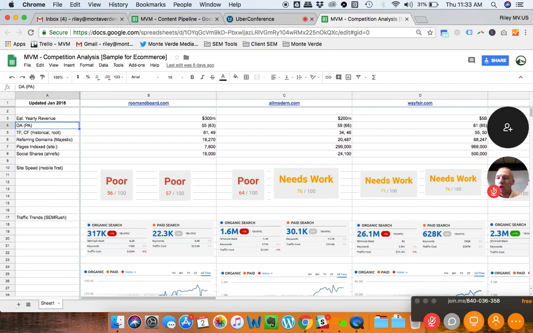Moving down the list, domain authority, trust flow, citation flow. So domain authority is a metric from Moz. Moz is an industry leader in the search world. Domain authority is basically based on a bunch of different factors, including some of the ones we see below here, referring domains, backlinks, pages indexed, age of the domain, traffic to the domain.